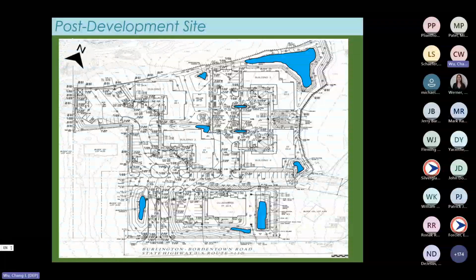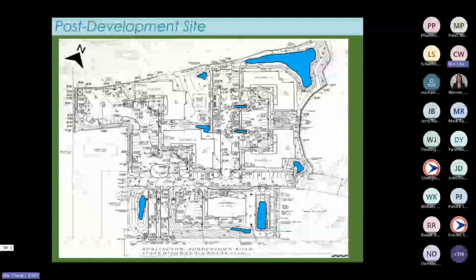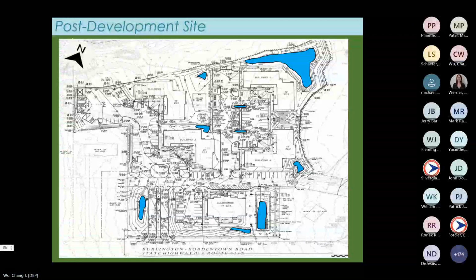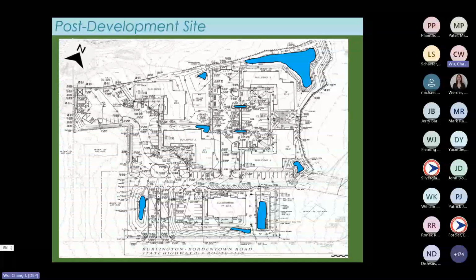So here's the proposed site plan, and it's a residential development located in Burlington County. The project is proposing to construct 72 residential apartment units within 3 buildings and a single-story community clubhouse, maintenance shed, parking areas and the stormwater management facilities.